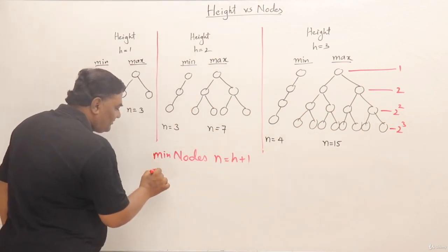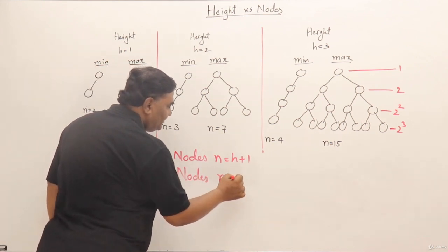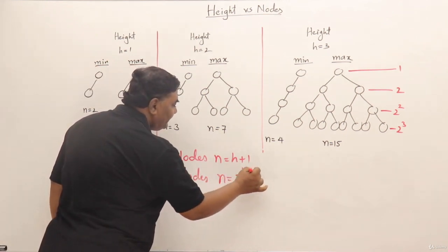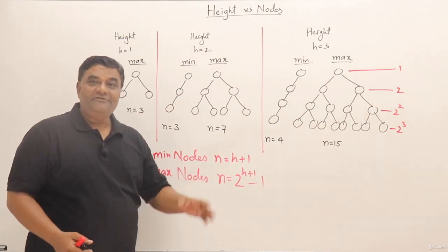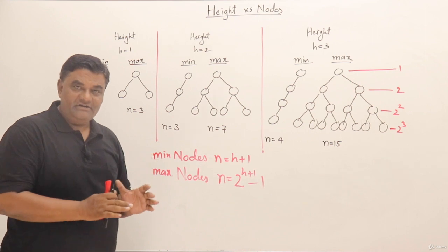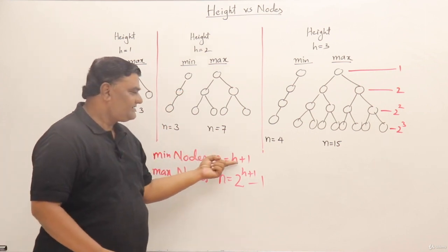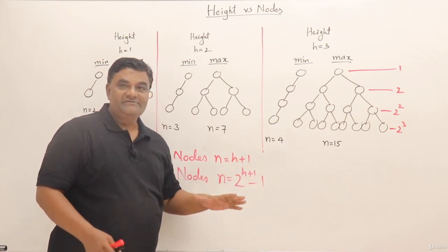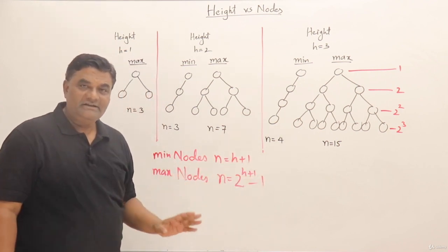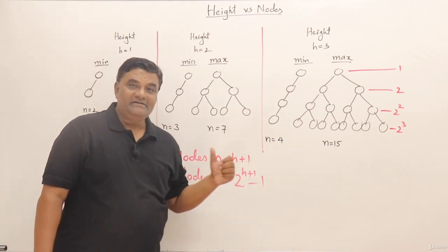So formula for maximum nodes, n equal to 2 power h plus 1 minus 1. So now we know the formula. If height of a binary tree is given, then within that height, minimum we need h plus 1 nodes, maximum 2 power h plus 1 minus 1 number of nodes are possible. Alright. So these formulas are very important for binary tree.